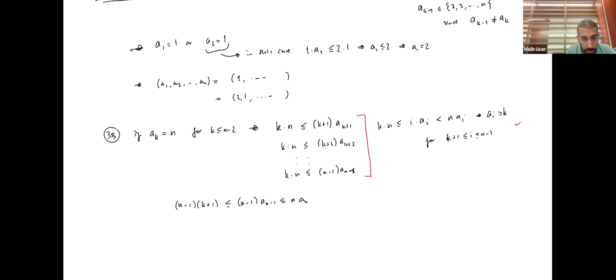Maybe we should expand this. Yeah, this is nk plus n minus k minus 1. So this is strictly positive, this is greater than n times k. So this shows a_n is also greater than k.